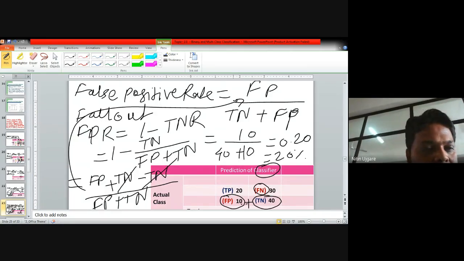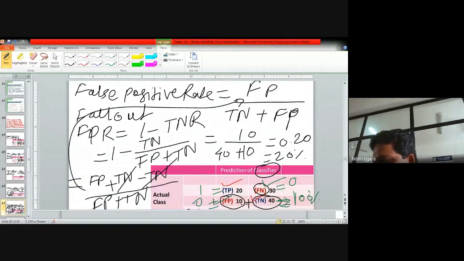Now friends, we have seen these 4 different concepts: the true positive rate, the true negative rate, the false positive rate, and the false negative rate. Ideally, it is expected that the true positive rate is always equal to 1, that is 100%, and the true negative rate is also expected to be 1, whereas the false negative rate and false positive rate are ideally expected to be 0.